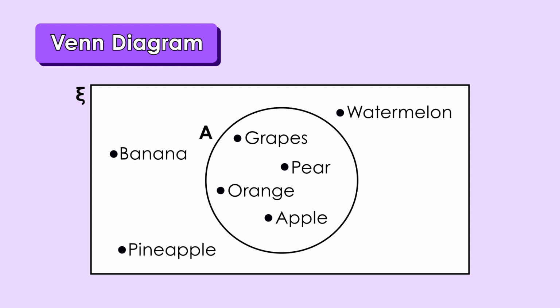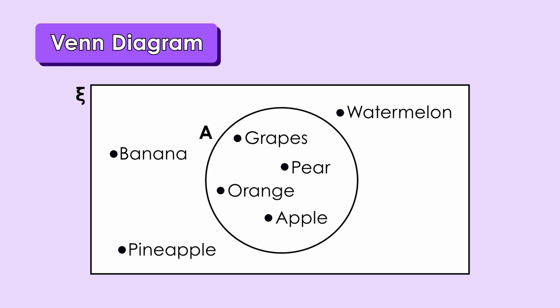Before we go further, let's look at the features of a Venn diagram and learn how to draw a Venn diagram. Besides description and set notation, a set can also be represented by an enclosed geometrical diagram which is known as a Venn diagram. A Venn diagram is an enclosed geometrical figure that is used to represent a set.